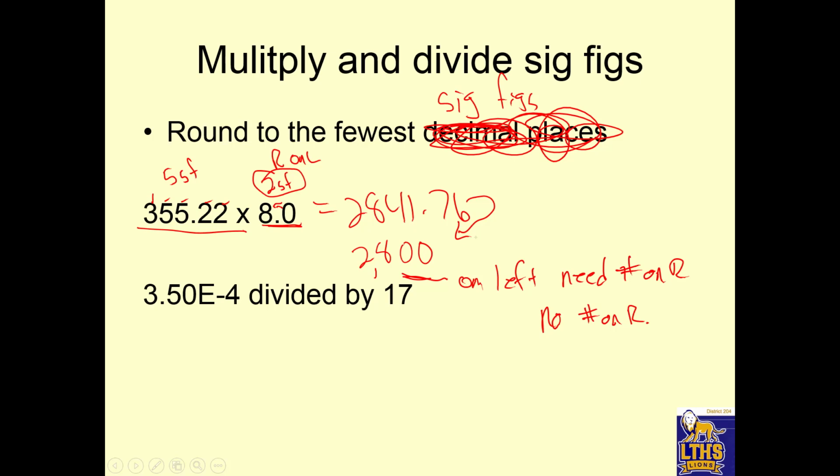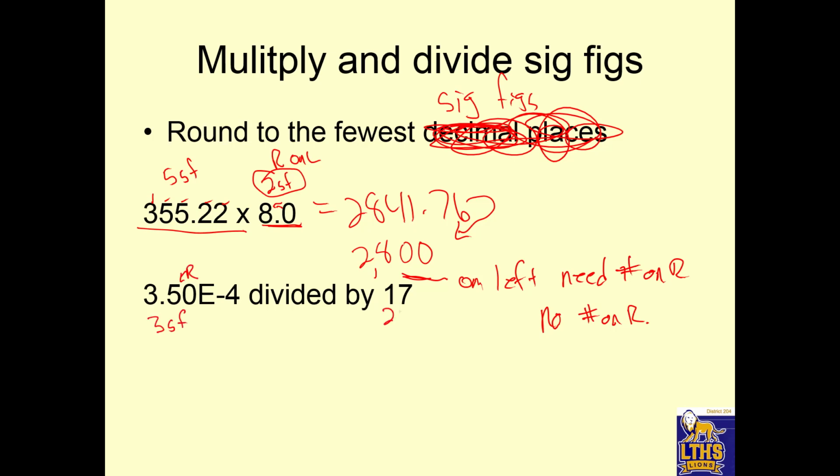Okay. So now on this one, it's harder to do on my phone, but 0.0000035 divided by 17. Okay. Now this is a 0 on the right. It needs a number on its left, and it has one. So this has 3 sig figs.